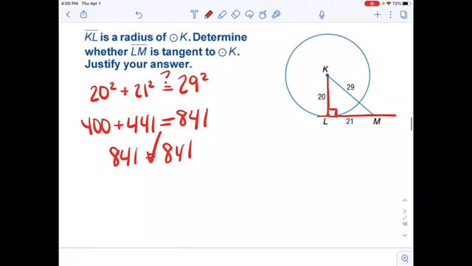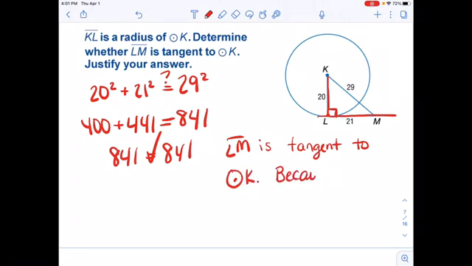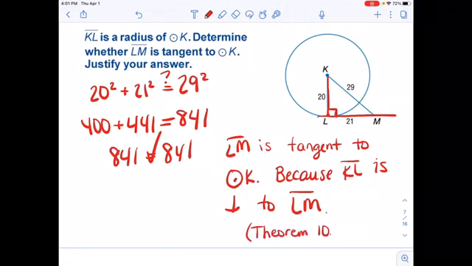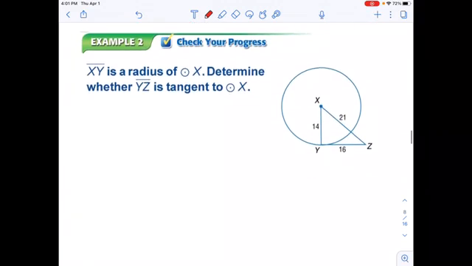So we know that LM is tangent to our circle K. And then we need to justify our answer, so that would be because KL is perpendicular to ML. And we checked with Pythagorean theorem. And we can also say that was theorem 10-10 that we used.